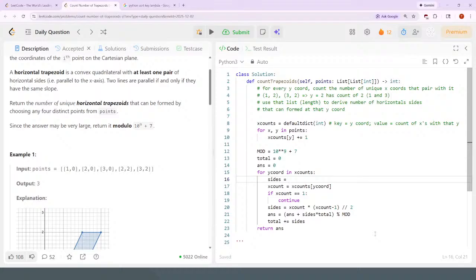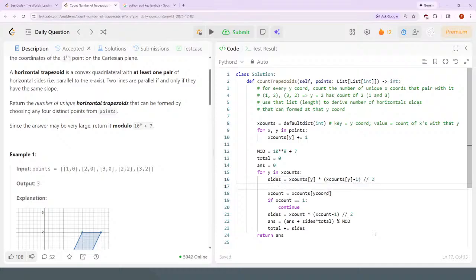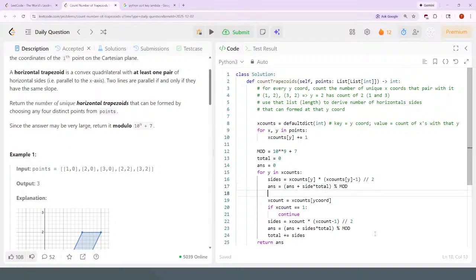So sides equals the x count of this y, times x counts of this y minus 1, divided by 2. Answer equals answer plus sides times total, and total increments by the sides.